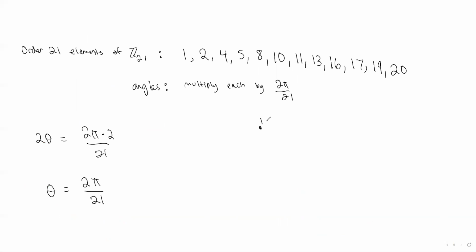So 1, 2, and this will be L1, this will be L2. The angle between them is 2 pi over 21. Okay, and then there's the order 1 element. That's easy. Order 1 is just the identity, so the angle is 0. You solve 2 theta equals 0, you get theta equals 0.